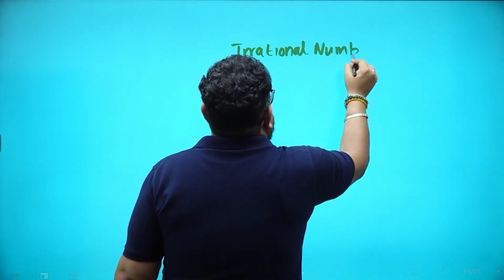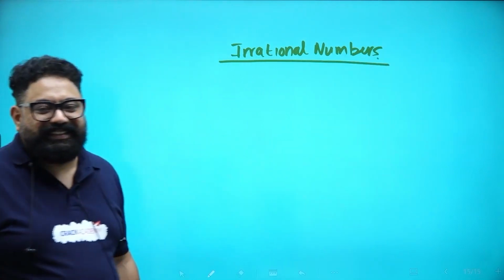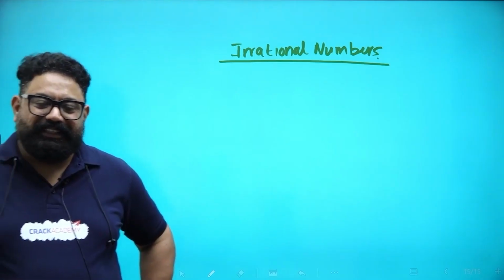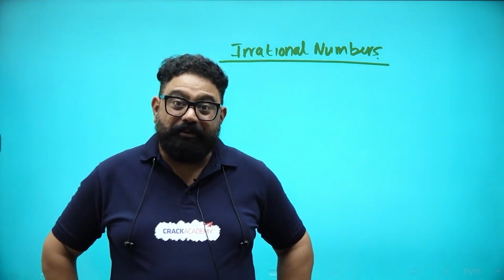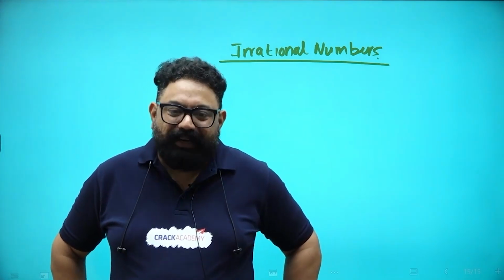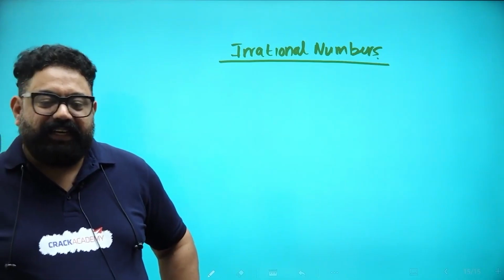Irrational numbers. When we talk about irrational numbers, a lot of students say, sir, if you're good in English, you should understand irrational means not reasonable, right? But in mathematics, irrational means numbers that are not rational.